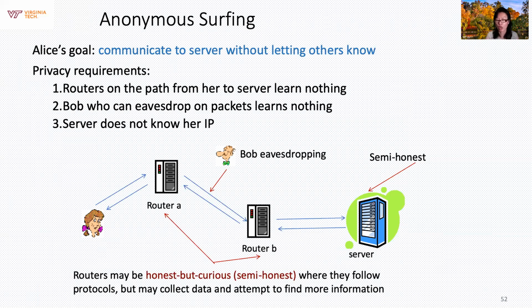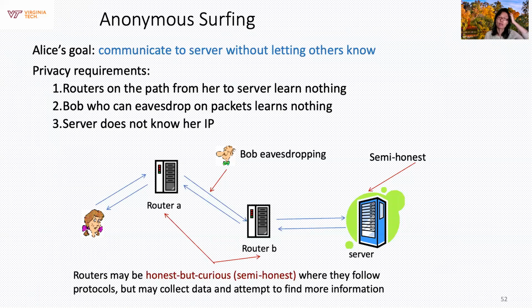Servers need to know where to find you, right? They need to know your IP address in order to send you the content. If you are hiding, like if you don't have a home, how can you order Amazon packages, right?